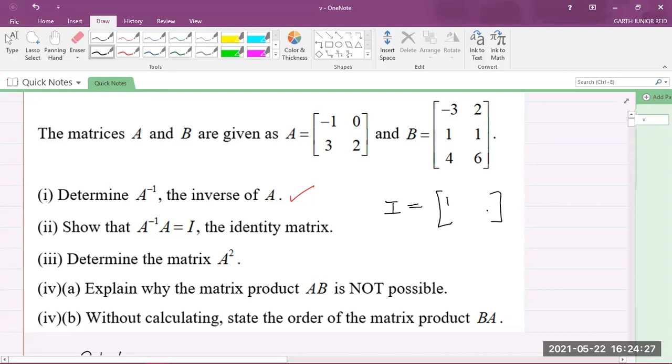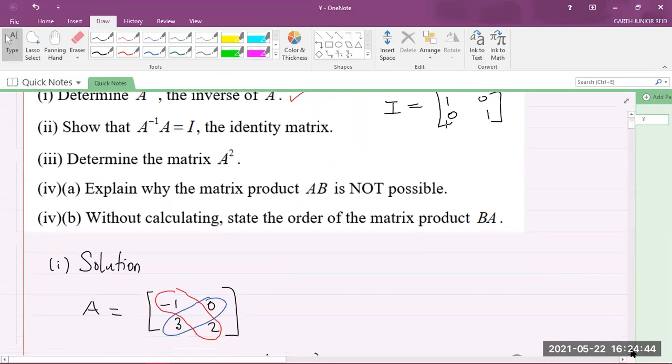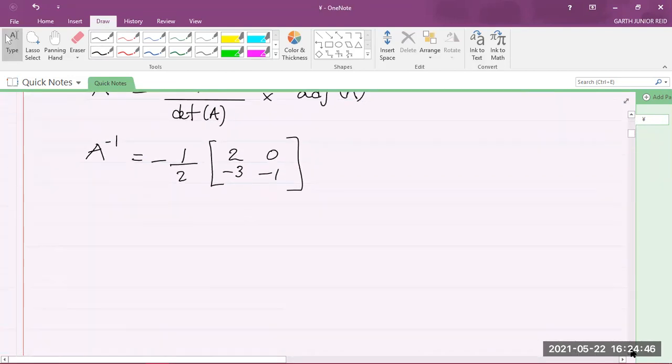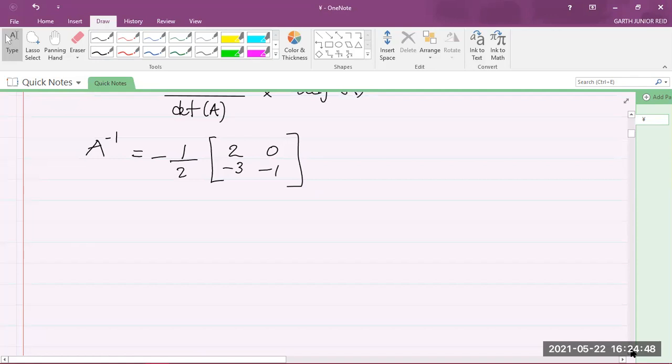So one will be here, one will be here. And in the anti-diagonal, we're going to have 0. So when we multiply A by its inverse, we're supposed to get that matrix there, 1, 0, 0, 1. Let's do that here. So this is now part 2 solution.